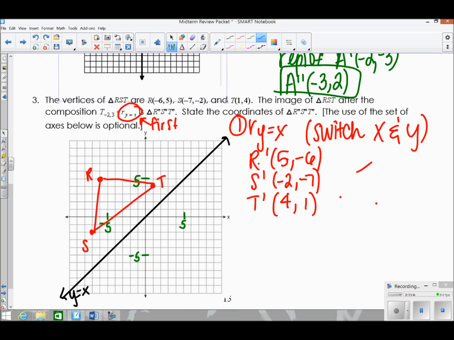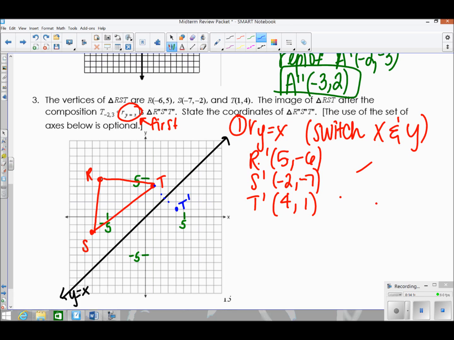But since this is diagonal, now what I do is I count diagonal distances. So if you look, I start here and I'm going to go 1½ diagonals, which just means I need to go a half and another 1. So the distance is the same to get T prime. And if you look, that coordinate is 4, 1, which is what I came up with over here.